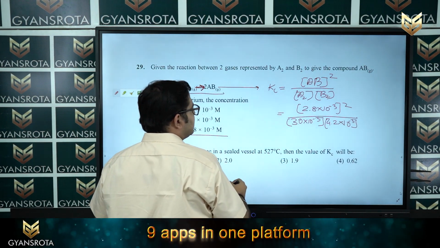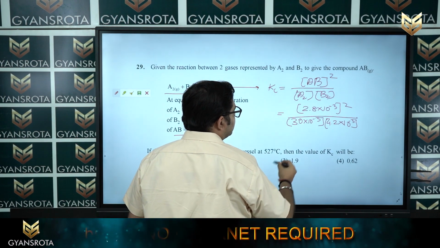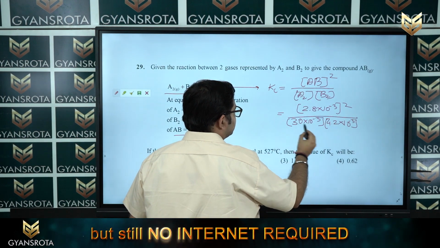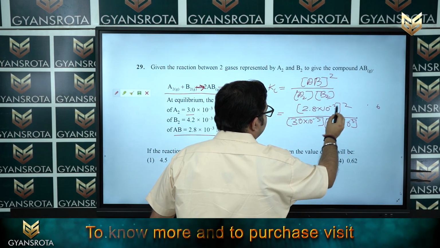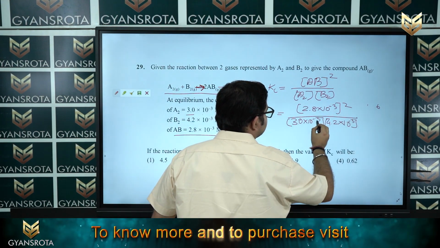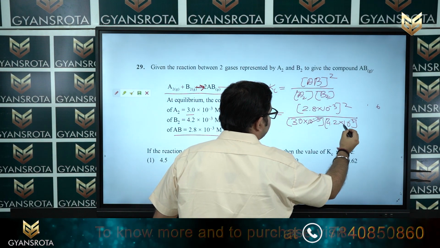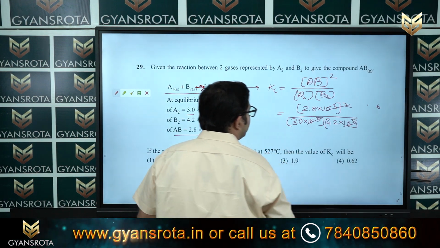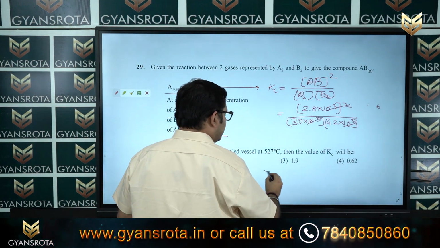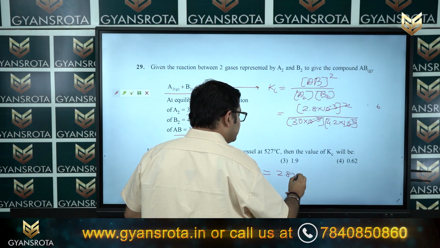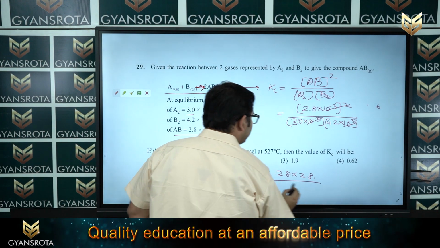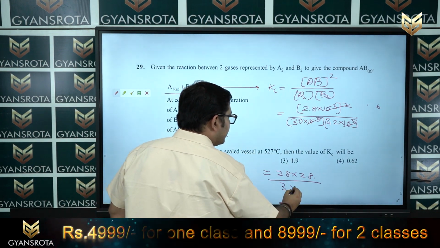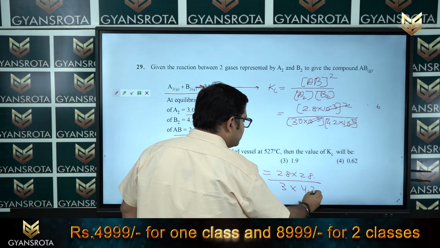Now if you solve this part, you end up with 10^-3 squared, that is 10^-6, in the numerator, and 10^-3 and 10^-3 in the denominator, so this part cancels out. So you end up with 2.8 whole square divided by 3 into 4.2.